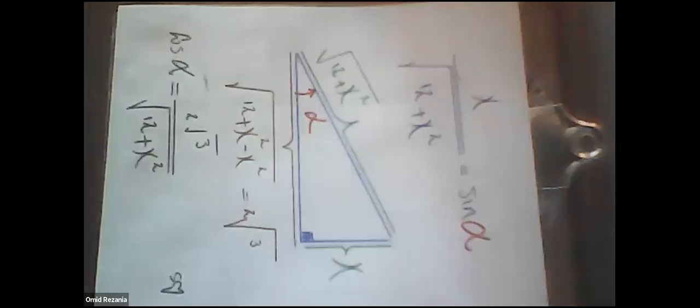One, the opposite, which is used for the sine, and the adjacent, which is used for the cosine. How much is the adjacent length? 2 square root of 3. That's right. Divided by what? The hypotenuse. How much is the hypotenuse? Square root of 12 plus x squared. That's so true. And we got this expression.